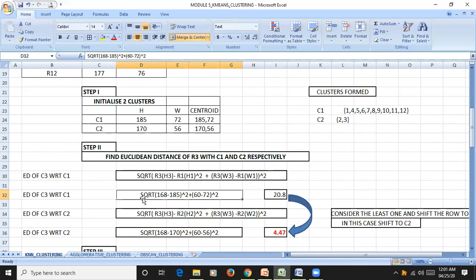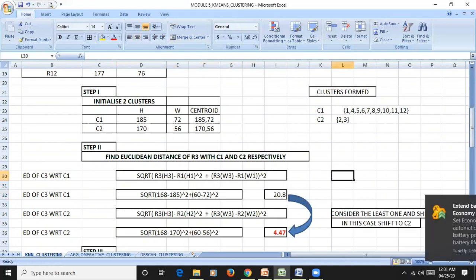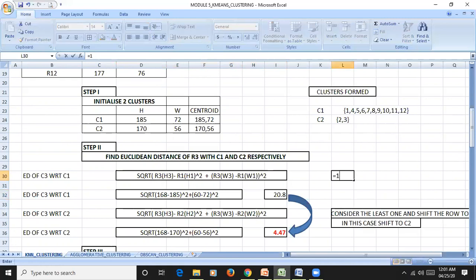If you solve through it, you'll come across a value 168 minus 185, which goes across as 185 minus 168. That's 17. 60 minus 72 is minus 12, that is 72 minus 60, that is 12.